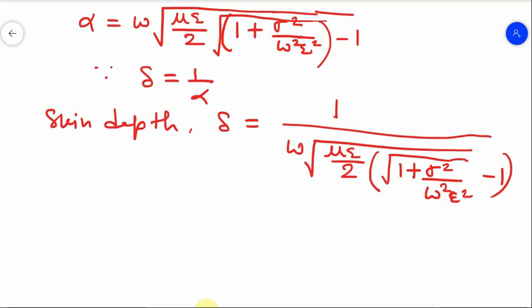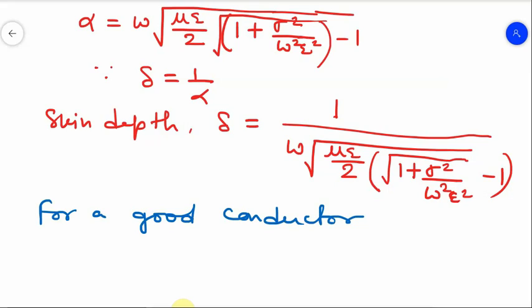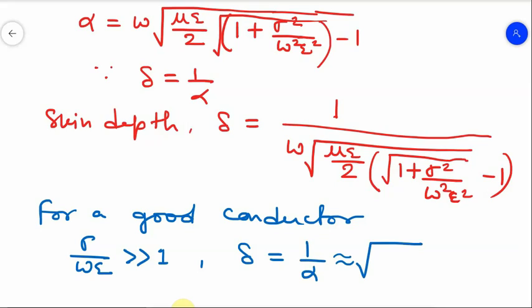Now we know that for a good conductor, sigma upon omega epsilon will be very much greater than 1. So in that case your delta, which is 1 upon alpha, will be approximately root over of 2 upon omega mu sigma.